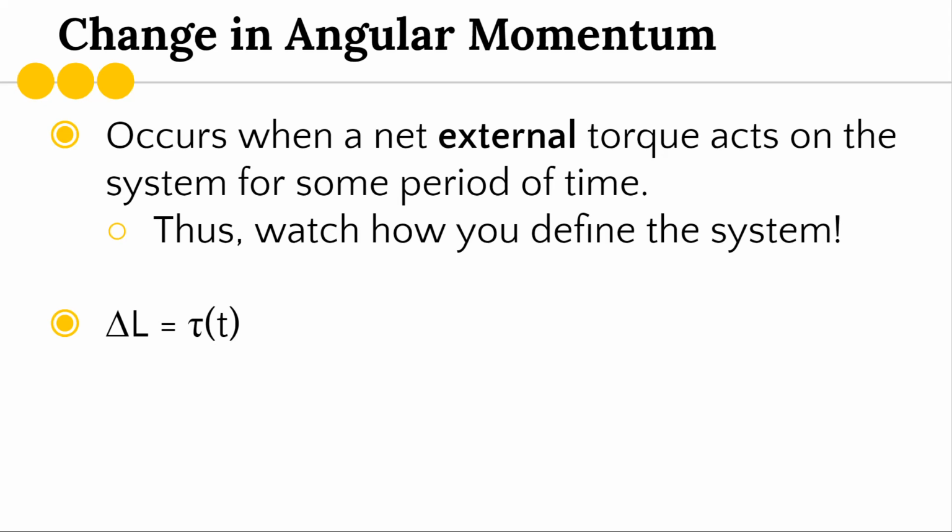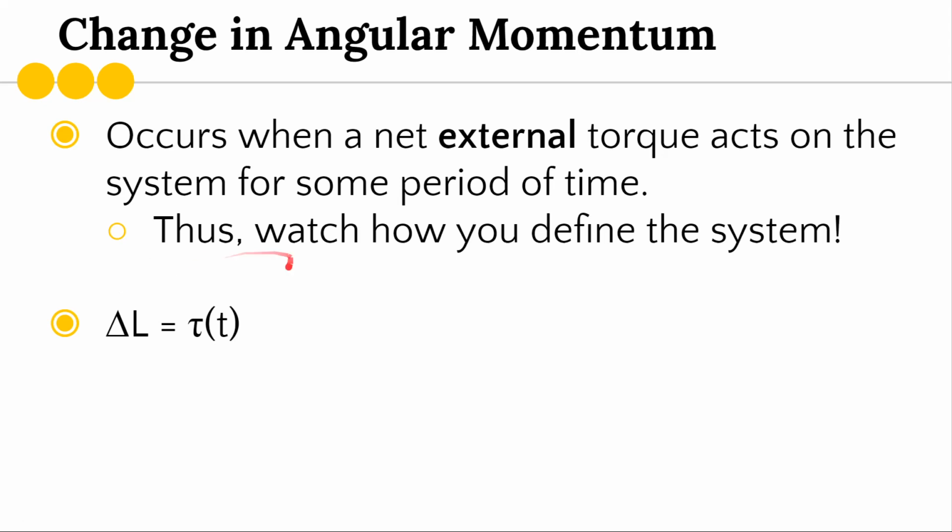You get a change in angular momentum when you have a net external torque act on the system for some period of time, so you do need to watch how you define that system. You could define your change in angular momentum as torque times time. We had a similar equation with linear momentum, where change in linear momentum is force times time.